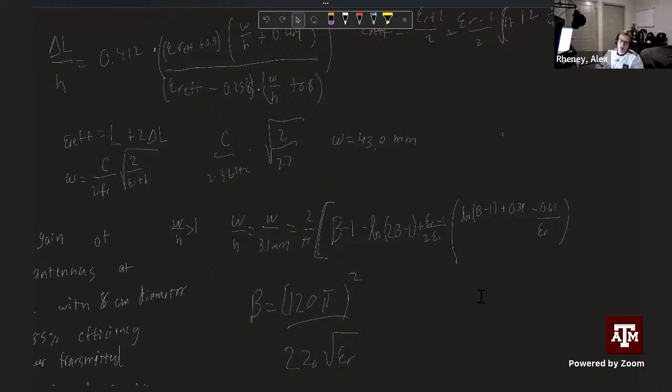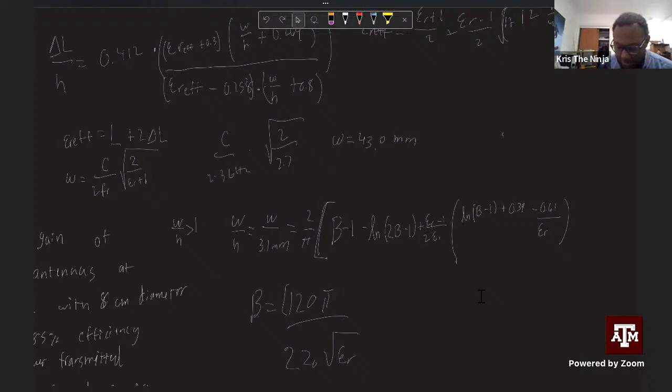Is it all of it squared? On the formula I see, it's just 120 times pi squared. Okay, so it's just pi squared. Yes, that's what I was trying to clarify.